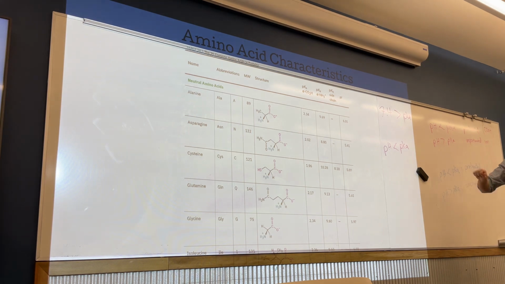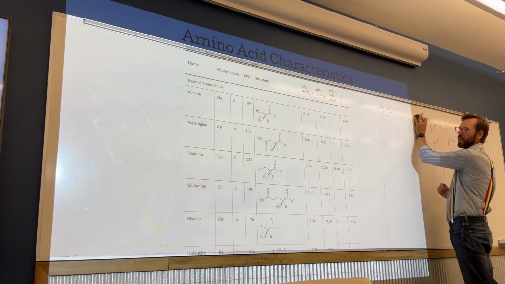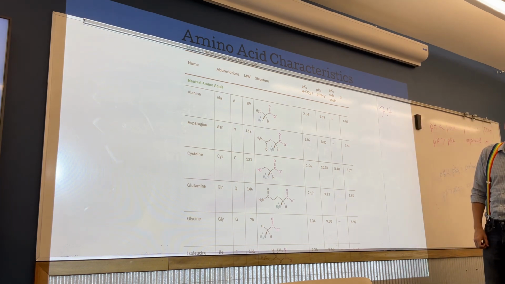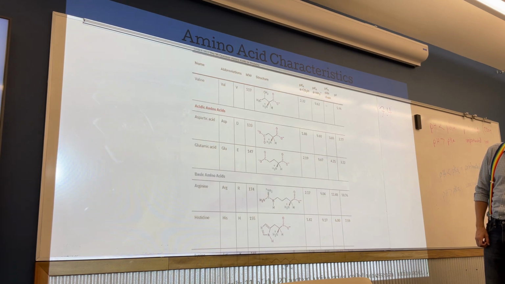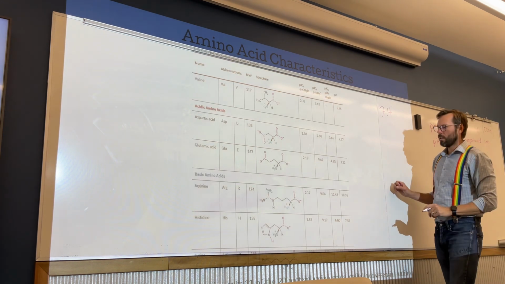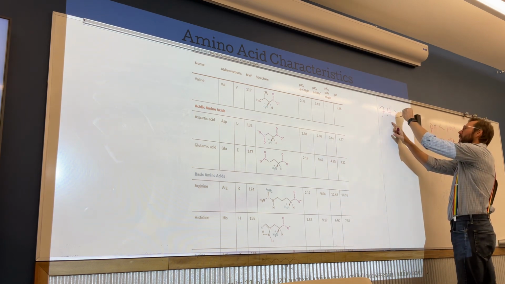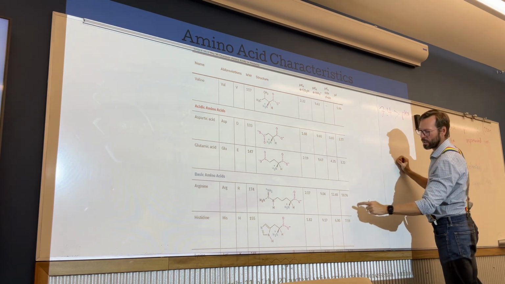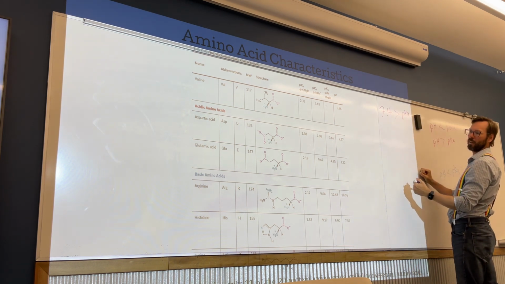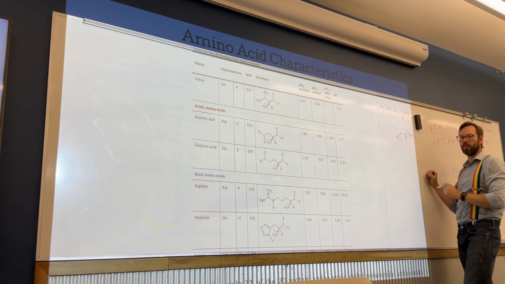What else? Is that it? Do we have more? There's histidine at physiological. Okay. So, 7.4 pH is greater than pKa, and pH is less than pKa for the amine group.